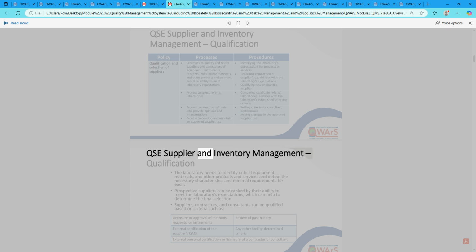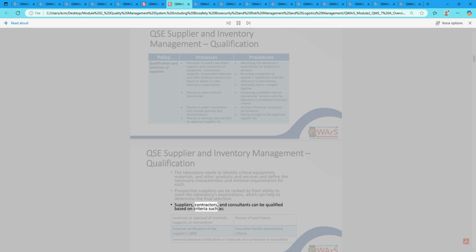QC Supplier and Inventory Management, Qualification. The laboratory needs to identify critical equipment, materials, and other products and services, and define the necessary characteristics and minimal requirements for each. Prospective suppliers can be ranked by their ability to meet the laboratory's expectations, which can help to determine the final selection.